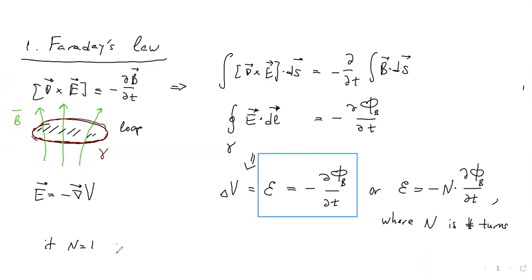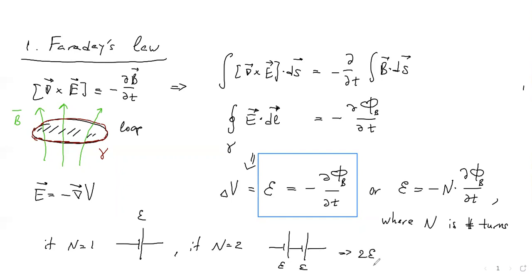that means you have one loop and you can represent your induced EMF as a battery like this. But if you have more turns, like if n equals 2, then it's like you have two of them connected in series. So basically it's equivalent to double the EMF.